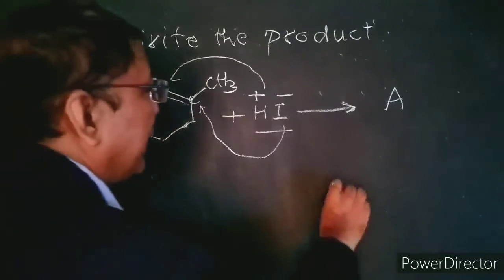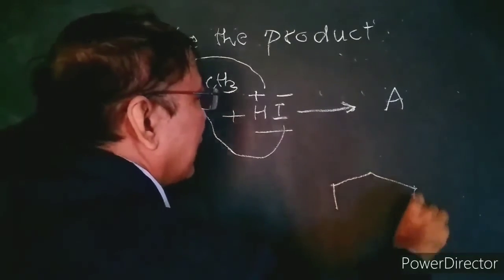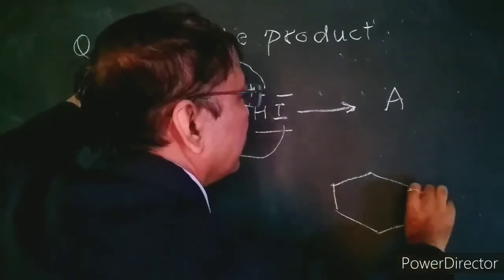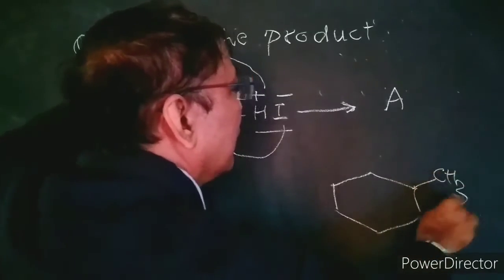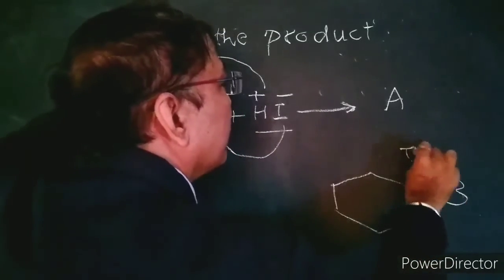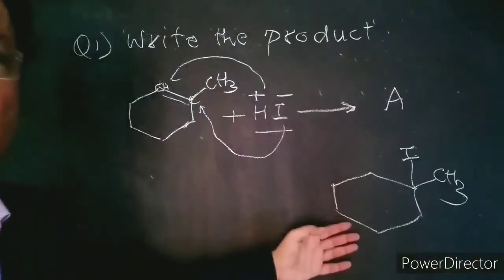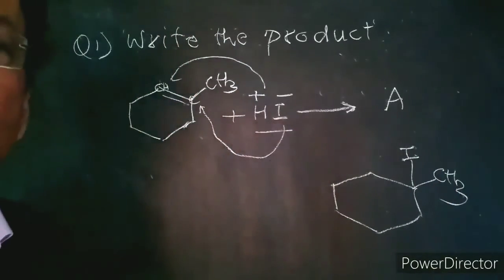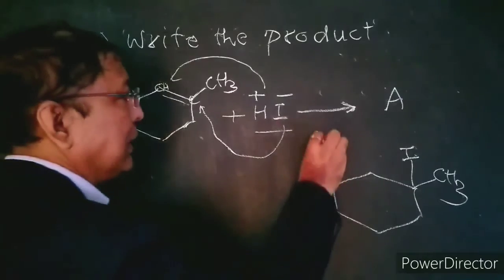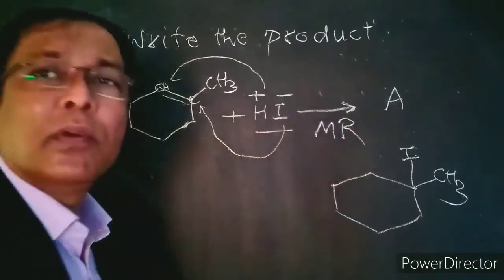So we get the product like this, CH3 and iodine. This is the answer. The reaction has taken place according to the Markovnikov rule.